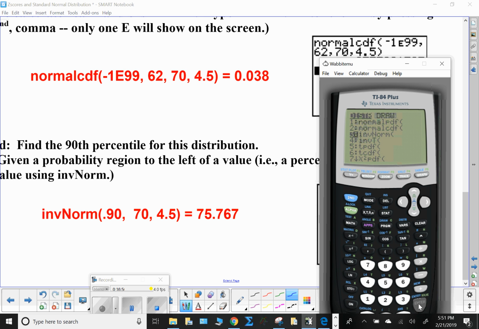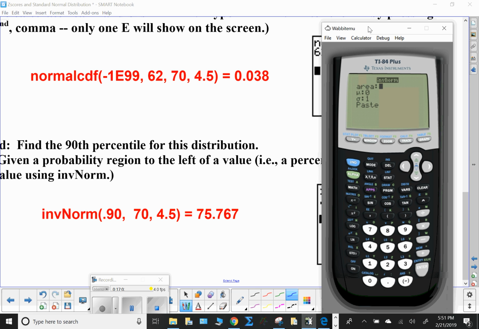So I say inverse norm. The area, remember that the area under the standard normal curve is 1, so the area is going to be the probability, not the percent. So 0.9, and then the mean we said was 70, and the standard deviation is 4.5.